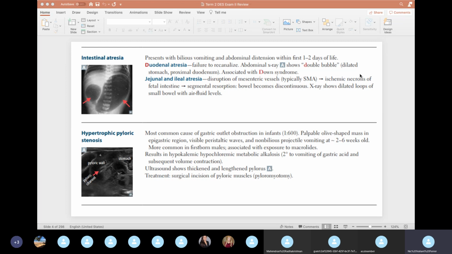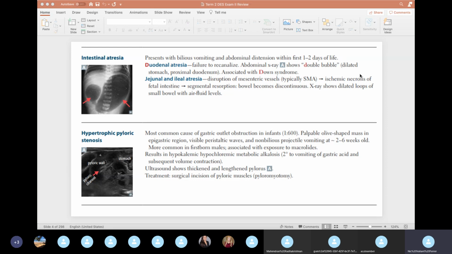What can we see in ultrasound? You can see the picture on the lower left, thickened and lengthened pylorus, right? So what's the treatment? Just surgical incision of your pyloric muscles. Let's summarize. Hypertrophic pyloric stenosis. What is this? Most common cause of gastric outlet obstruction in infants. What can we see?